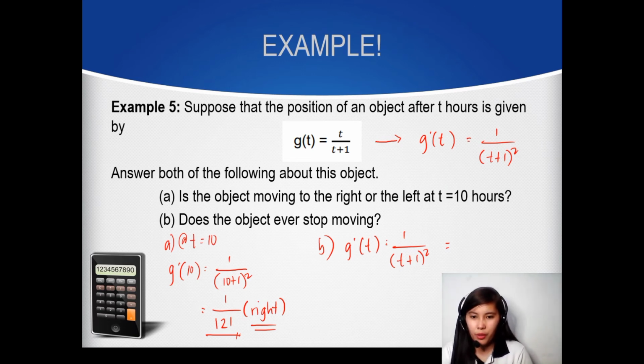Because 1 over t plus 1 squared equal to 0 would need t equal to negative 1, but we don't have a negative value of time. So our answer for letter B is no. The object will never stop moving because we don't have a negative time. Okay, so that's it.